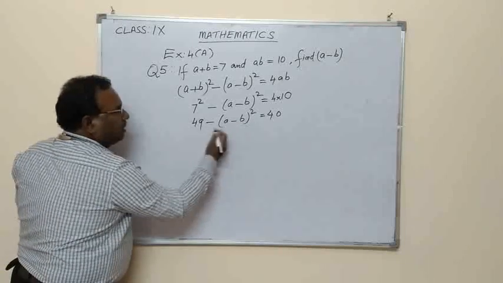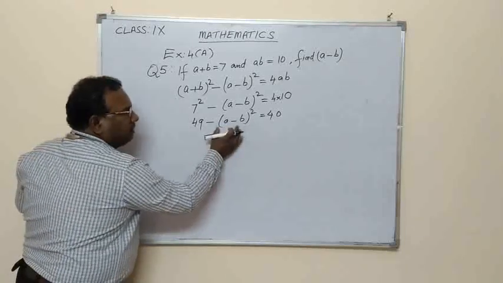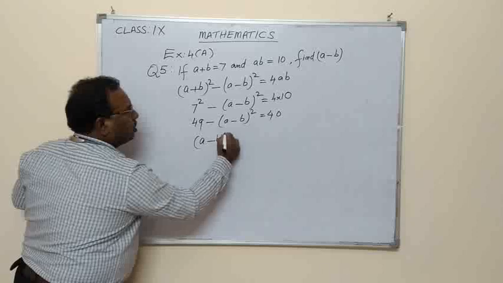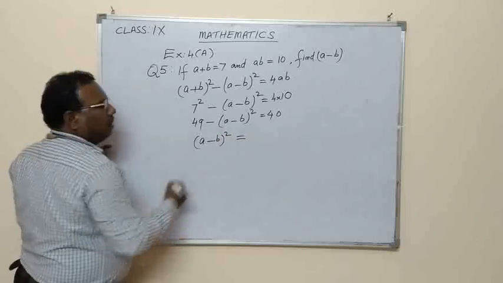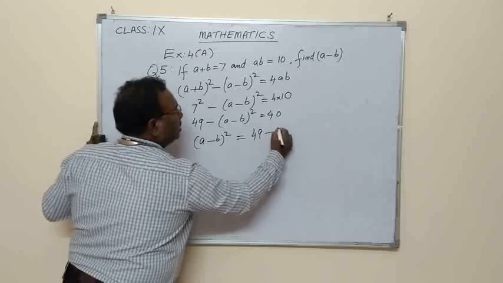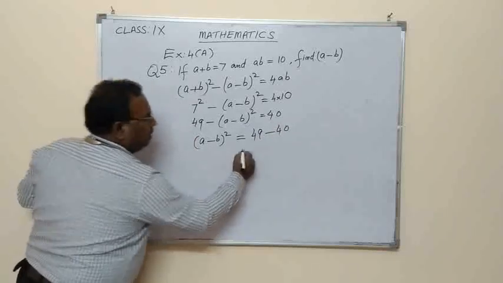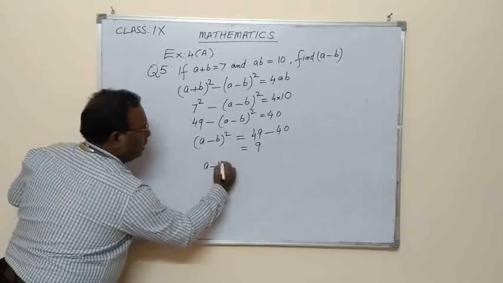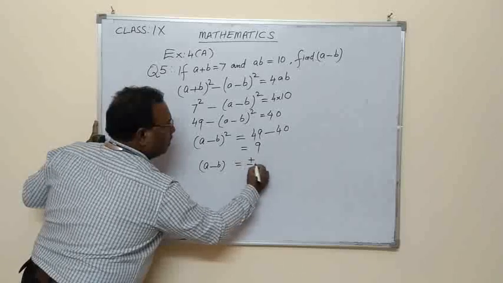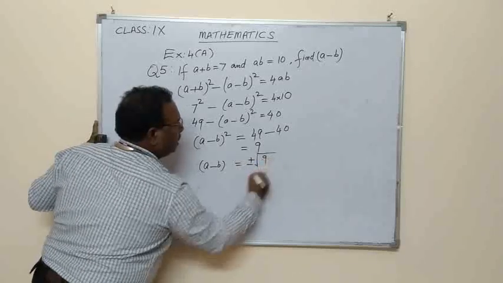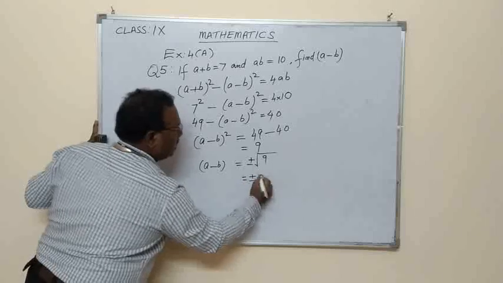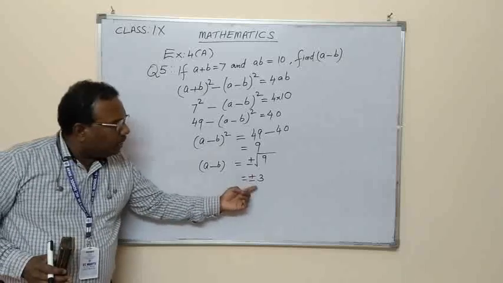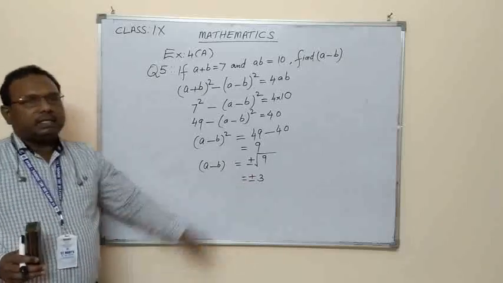So after transferring this term from LHS to RHS, it becomes (A minus B) all square is equal to 49 minus 40, which is equal to 9. So A minus B is equal to plus or minus root 9, which is plus or minus 3. So the value of A minus B equal to plus or minus 3 is the required answer.